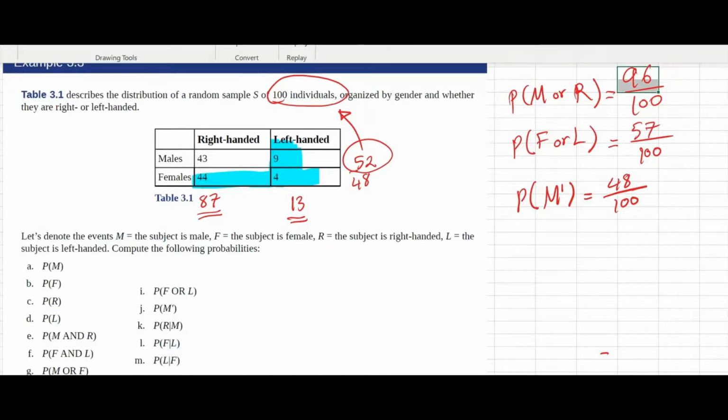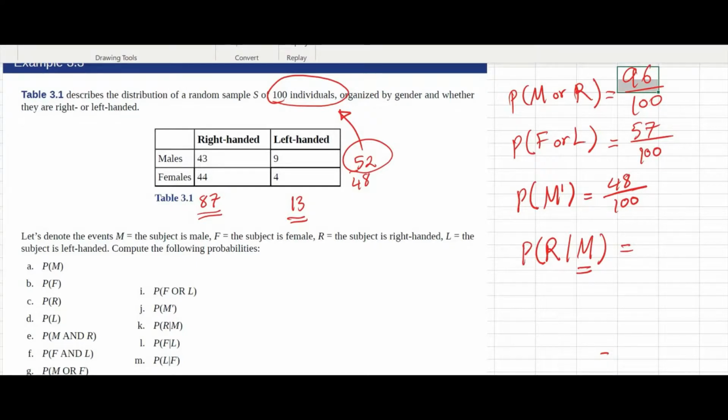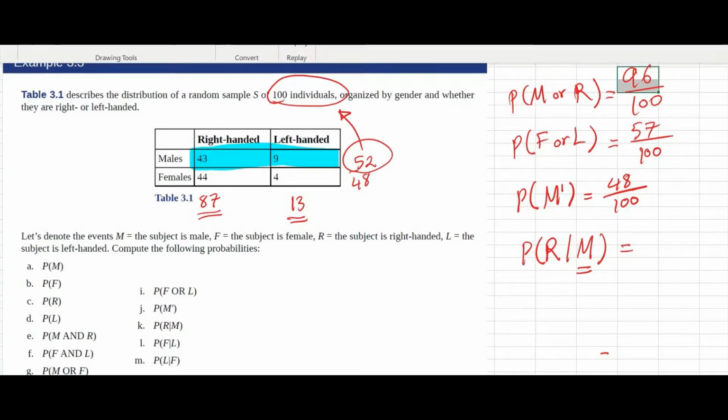The next probability that we want to work on is, what is the probability of selecting a right-handed person, given that that person is a male? So in this case, we have to restrict our sample space to the male group only. I am going to highlight the male group. This is the male group, which has 52 subjects or individuals.